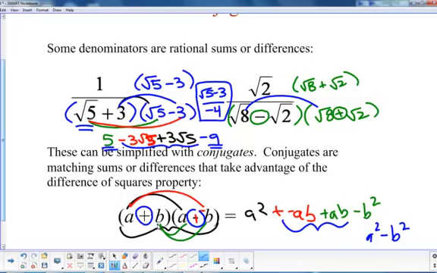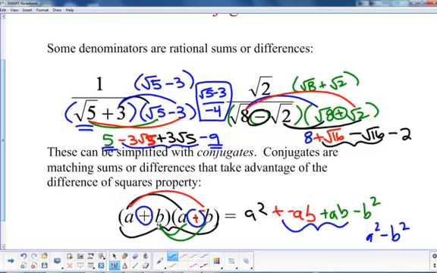So root 8 times root 8 is 8. Root 8 times root 2 is root 16, and that's a plus. This is a minus because of this. Root 2 times root 8 again is minus root 16, so these cancel, which is what we wanted. And then the minus root 2 times root 2 is going to be a minus 2. Square root of 4 gives you 2.